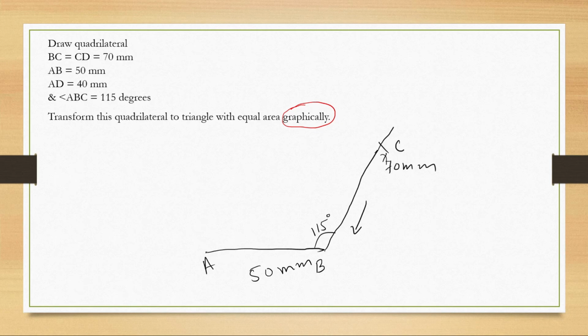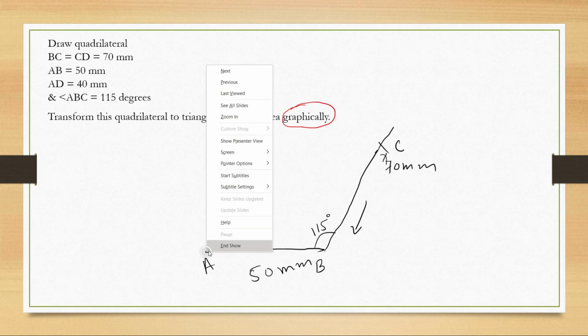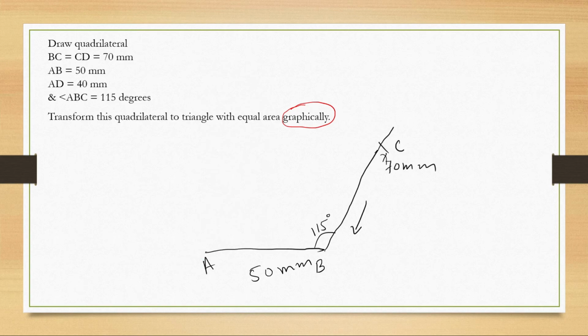Then AD is 40 mm. So from A, you can use a compass to make an arc like that at 40 mm, and from C to D, you can use an arc something like that at 70 mm.